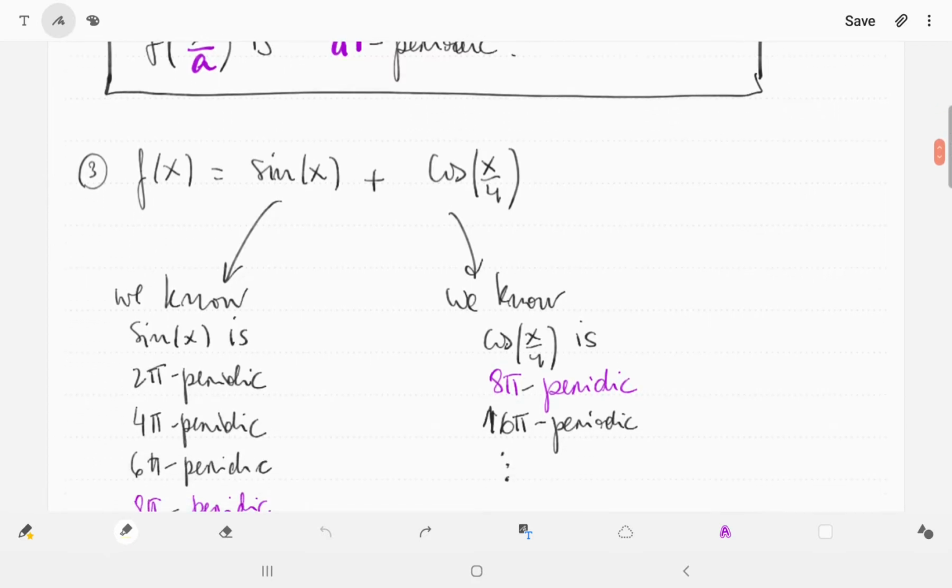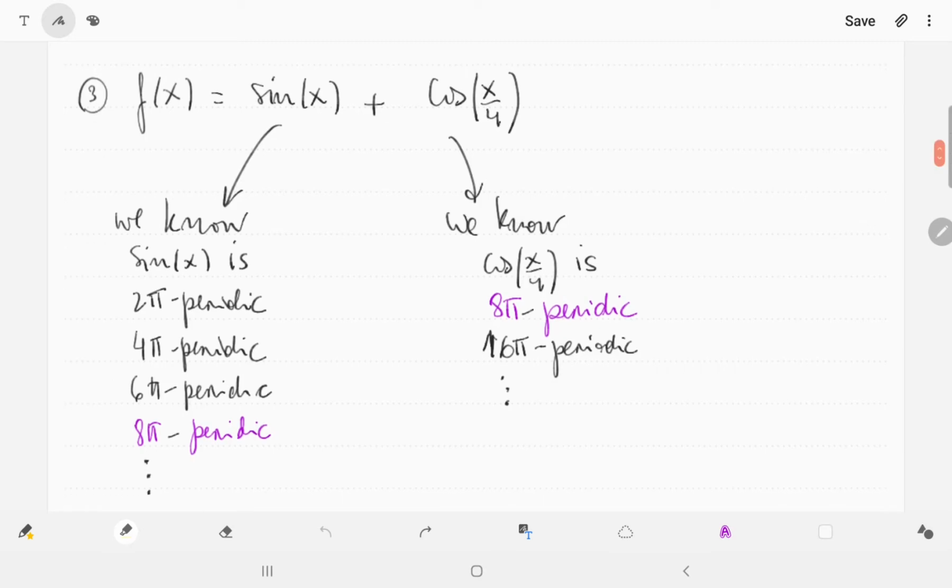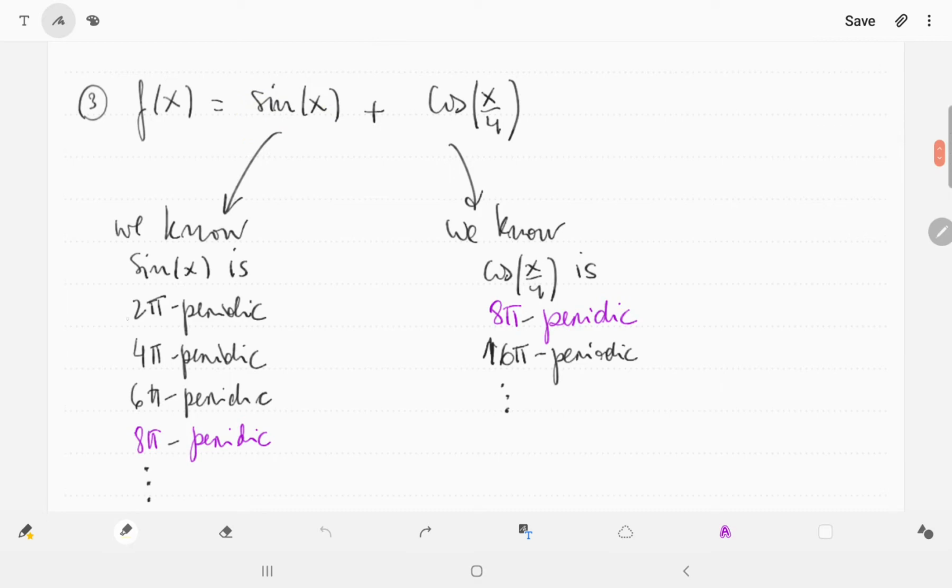Third example. How about these two? We have the first example plus the second example. It seems harder than before, but we know that sine of x is a 2 pi periodic function, 4 pi, 6 pi, 8 pi, and so on.